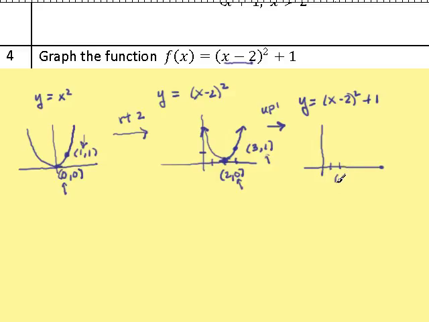Okay, so here we have 2, 0, and that's moving to 2, 1. So there's 2, 1 on our graph. And this point is moving to 3, 2. So this is our final graph.